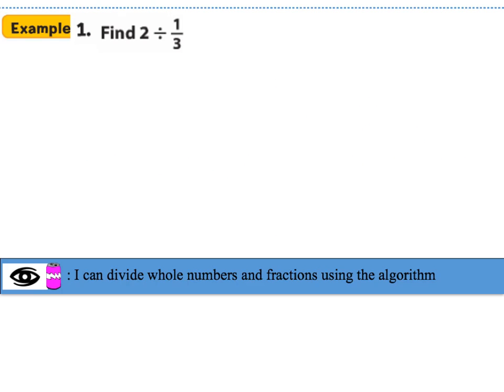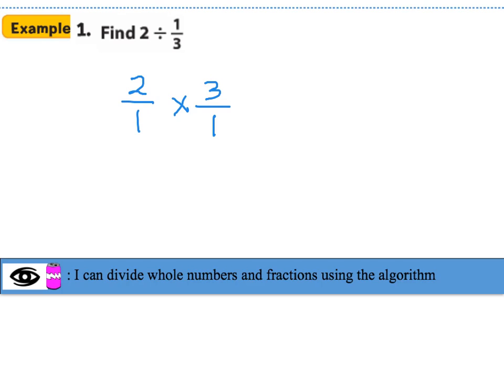Example 1. We are going to find 2 divided by 1/3. We're going to make sure we make the whole number 2 into an improper fraction. And we're going to put 2/1. Change division into multiplication. And take the reciprocal of 1/3, which would be 3/1.